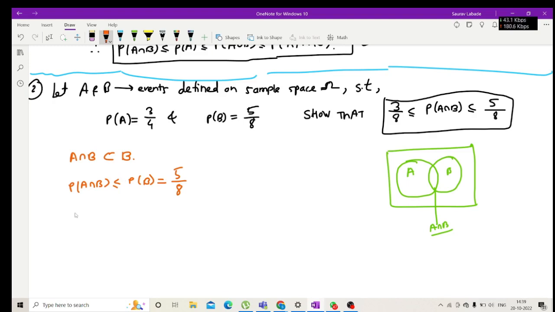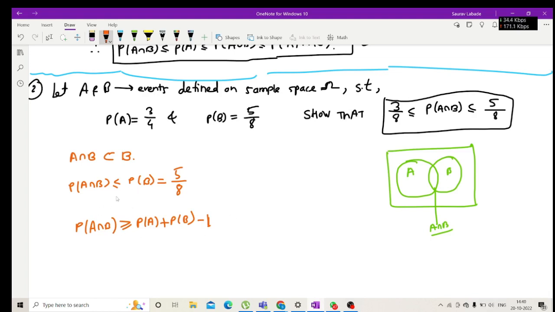And from that addition principle we have a theorem: probability of A intersection B is always greater than or equal to probability of A plus probability of B minus 1.